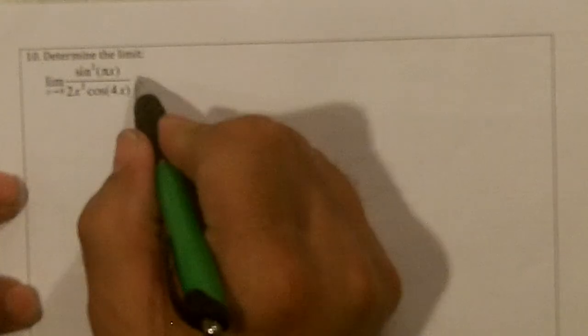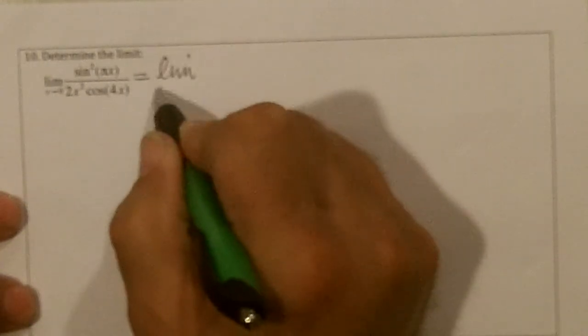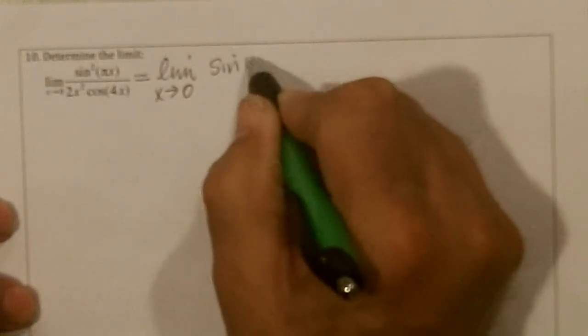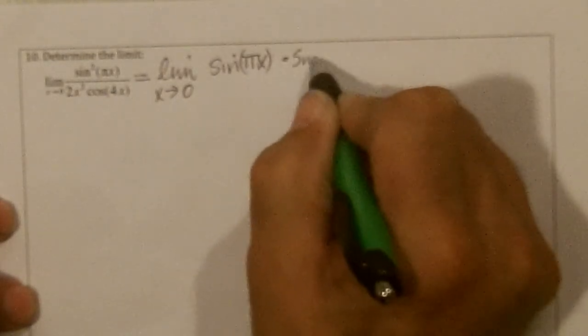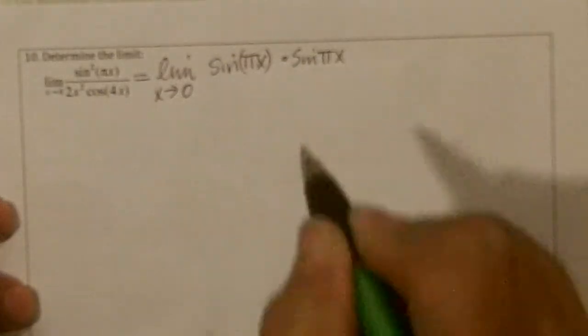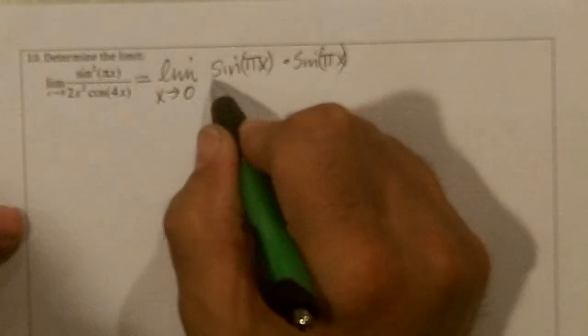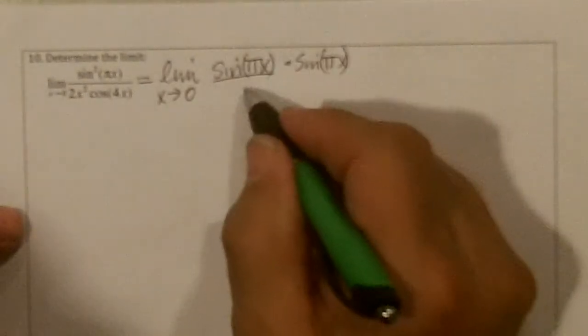Okay. This one's a little bit complicated, but not bad. We have sine squared of something. So that's like sine of pi x times sine of pi x. And in the denominator we have an x.